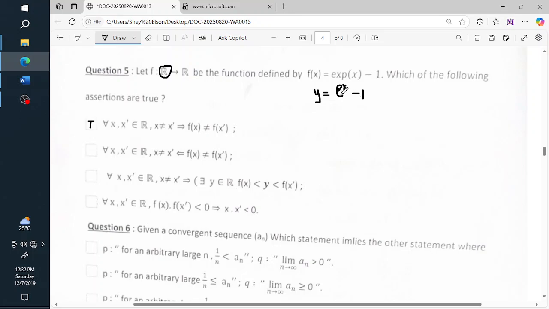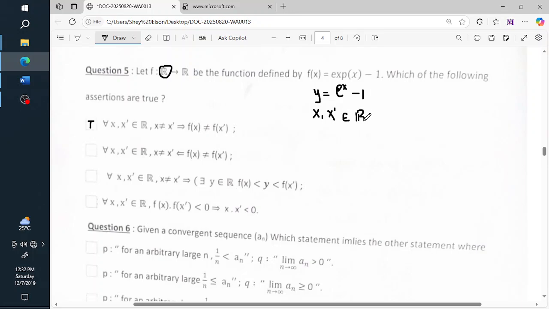For this function to be injective, we'll need to prove that if f of a is equal to f of b, then a is equal to b. Remember, that is the statement of injectivity. So if I take x and x prime, they belong to the domain of the function, which is a set of real numbers.